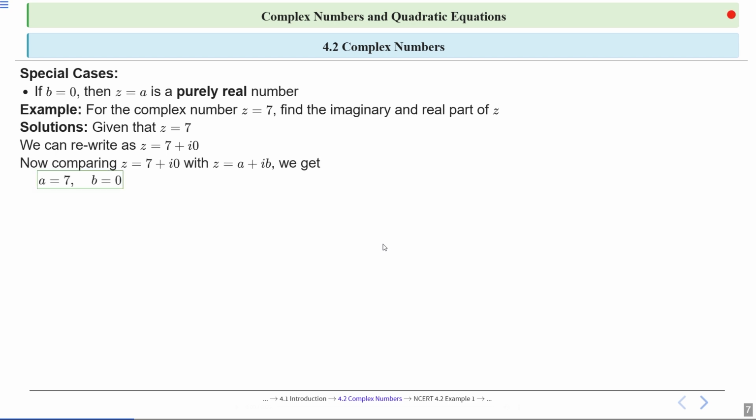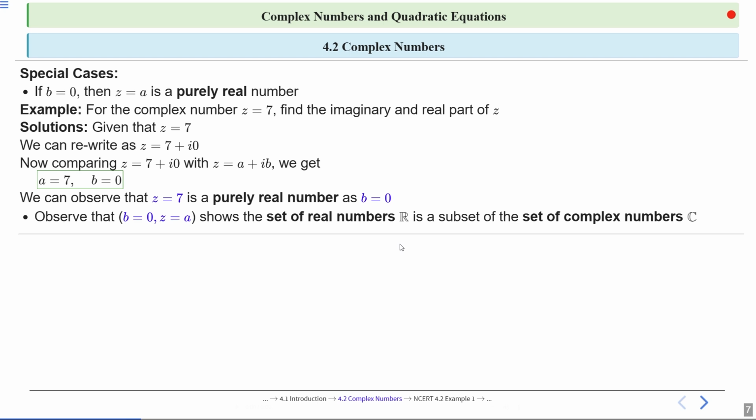Now, comparing z equal to 7 plus iota times 0 with the general form z equal to a plus iota times b, we see that a equal to 7 and b equal to 0. We can observe that z equal to 7 is a purely real number as b equal to 0.